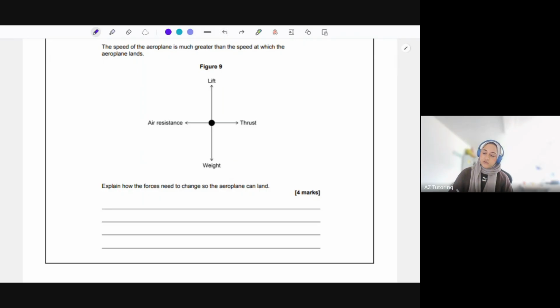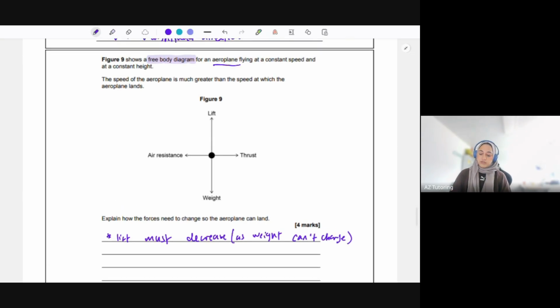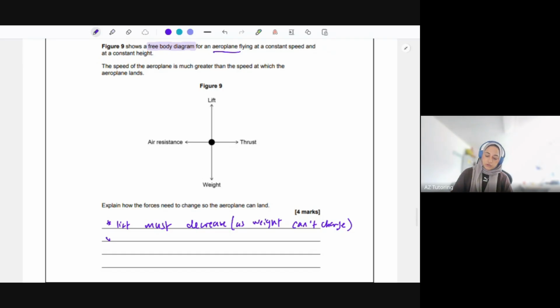So we can decrease the lift. So we can say lift must decrease as weight can't change. So that's your first mark. So lift must decrease as weight can't change. So explain why that's a thing.